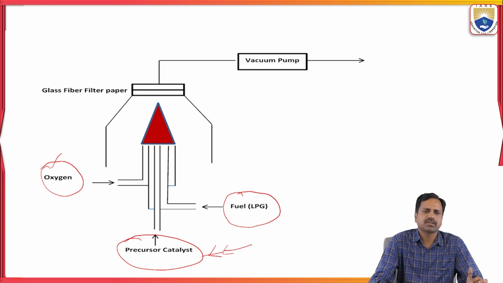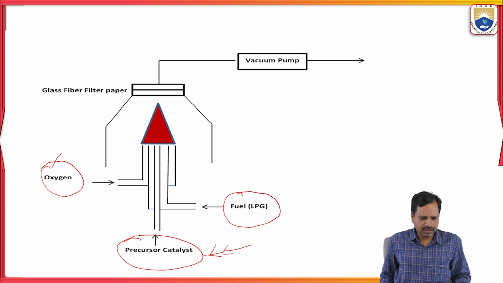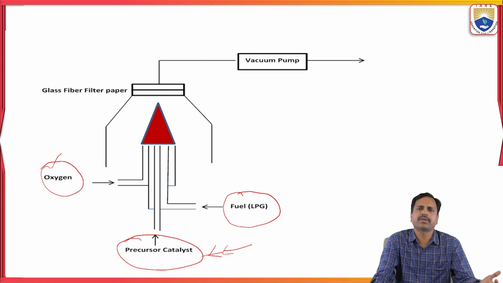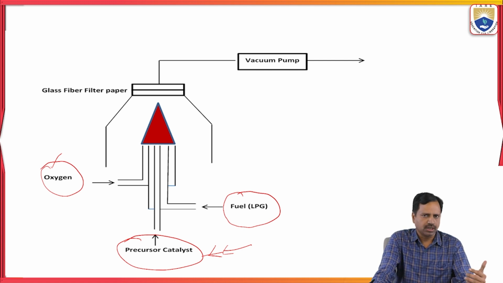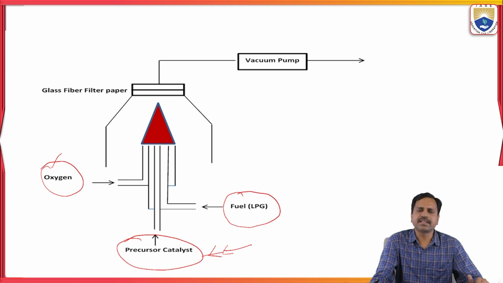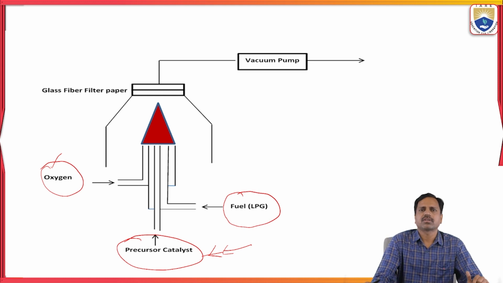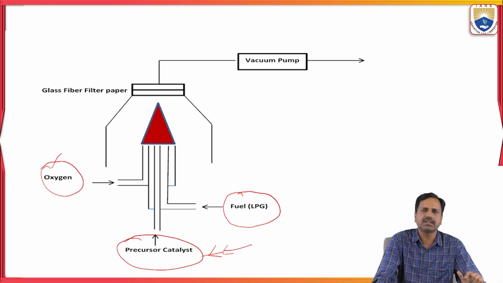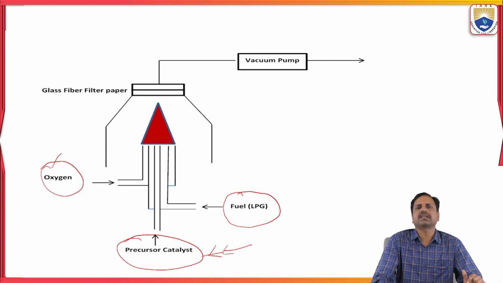So this is a very simple method to synthesize nanomaterials. When we compare it to the sol-gel method and the CVD method, of all the synthesis methods this is a very easy method, and it does not require any purification. The material synthesized from this process can be used directly without any purification techniques.